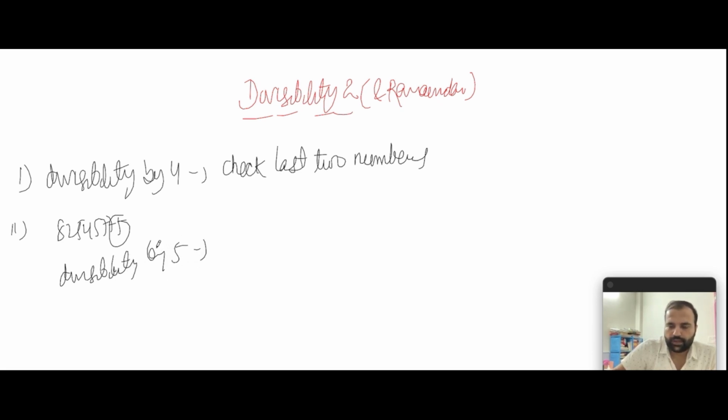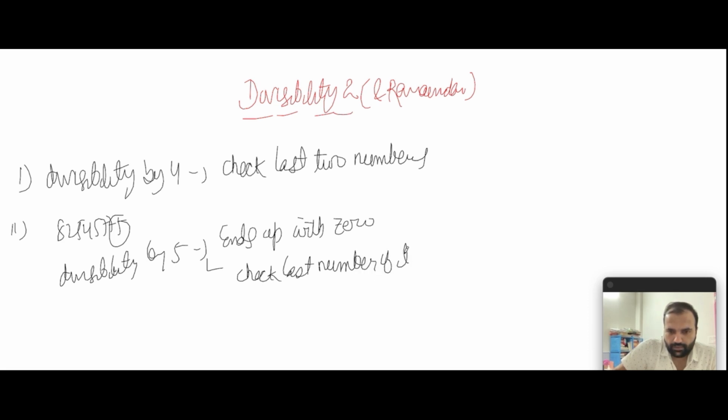Of course it is also divisible by 5 if it ends with 0. So one case is that the last digit is 0, and the second is to check the last number if it is 5.